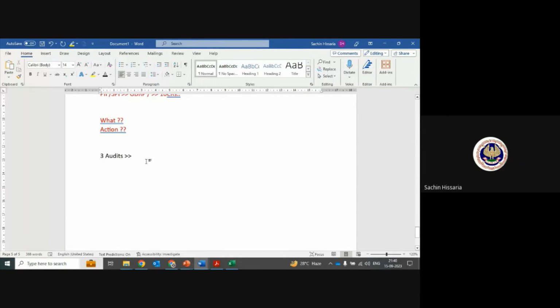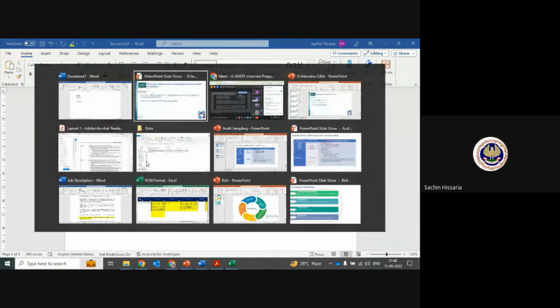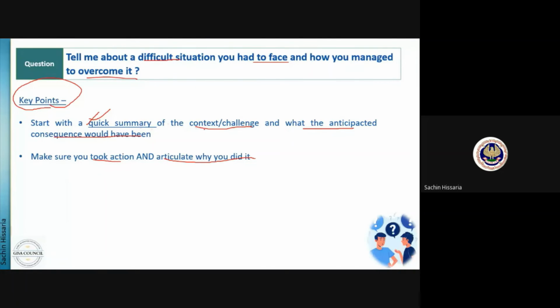One audit I needed to close by the 28th, and the other 2 by the 31st. So all 3 audits needed to be completed at one particular time. That was a challenging situation for me, because I needed to make sure the execution of 3 audits at a time. This was the summary, the context and the challenge that I was facing.